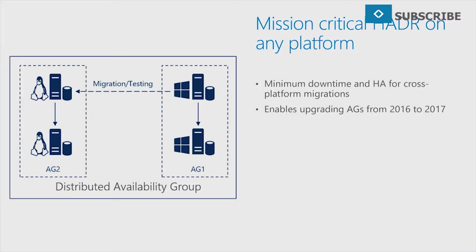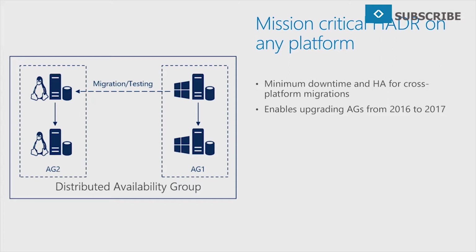Now, moving further on the scenarios that we enabled with SQL Server 2017, let's talk about migration across the two platforms, Windows and Linux. Using SQL Server 2017, you can now migrate SQL Server workloads cross-platform by setting up a distributed availability group with the primary availability group on Windows and the secondary on Linux, for example.